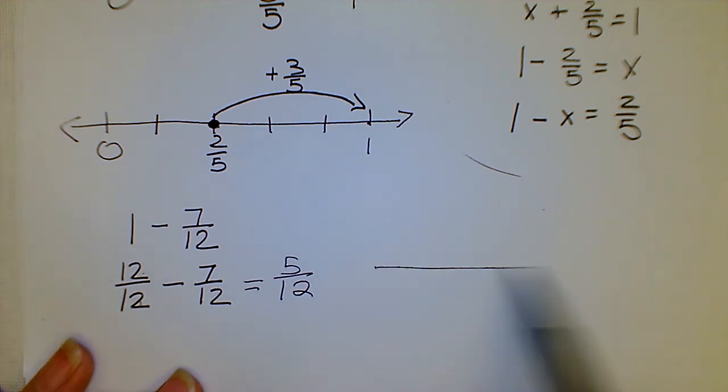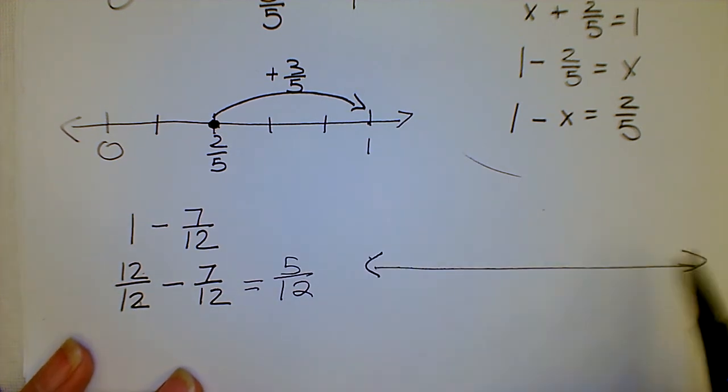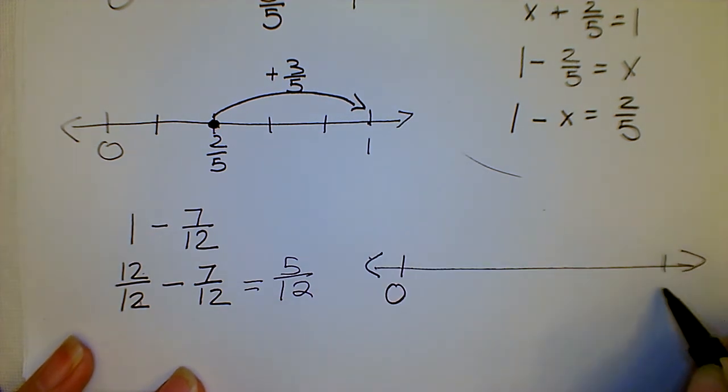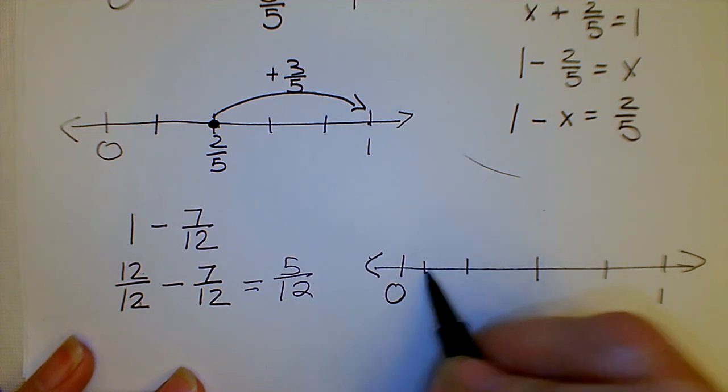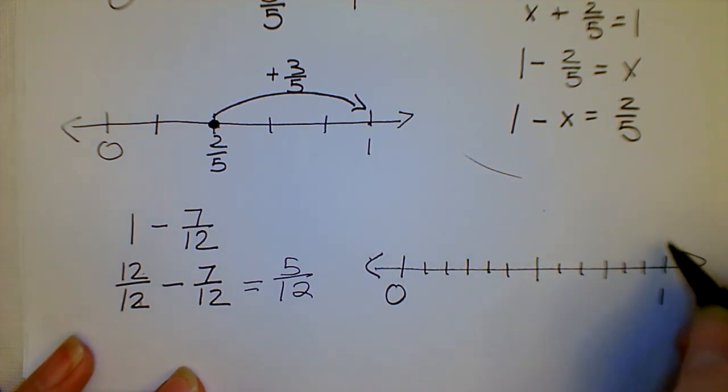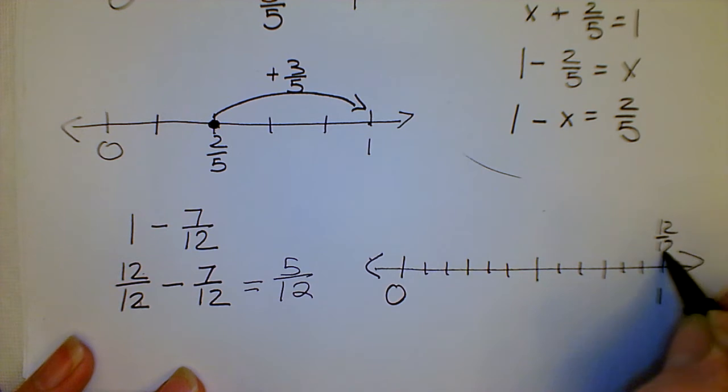And I could do a quick number line, and I'm just going to do the subtraction one really quick. Oh my goodness, do I really want to have to draw in 12ths? I guess. 0, 1. Oh my goodness, this is going to be a lot of lines. Okay, so this is 12/12.